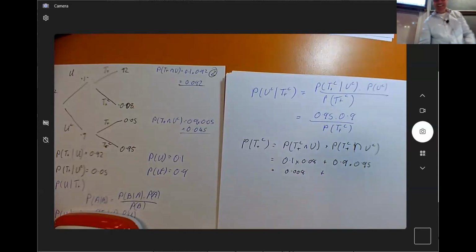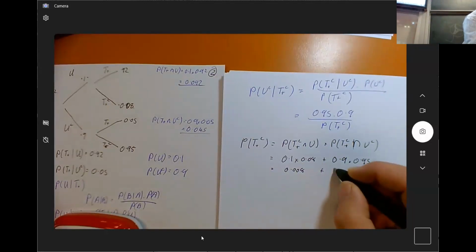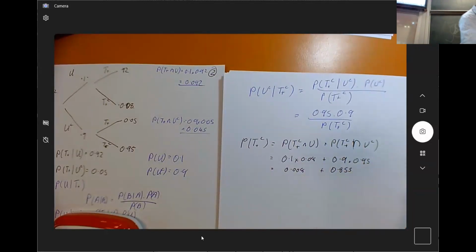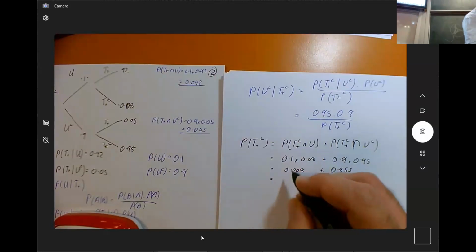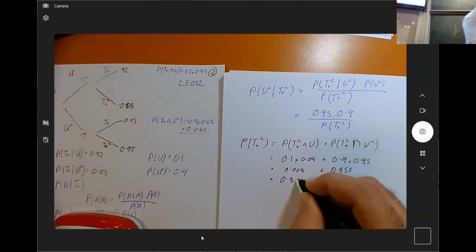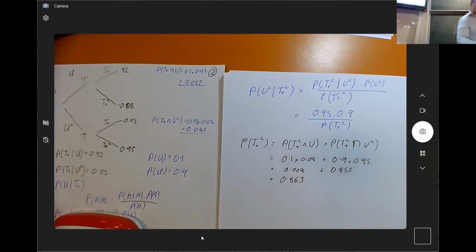I'm going to get Excel to do that calculation for me so that I don't get it wrong. 0.855. And so this number is equal to 0.863. All right, so we've got all my numbers to put in.